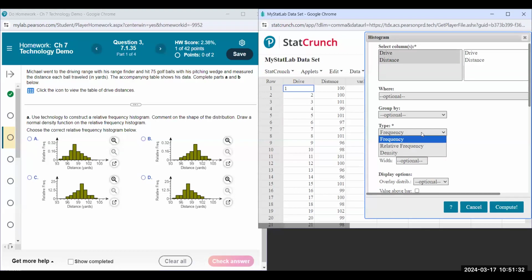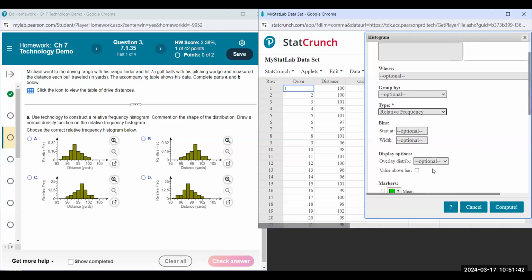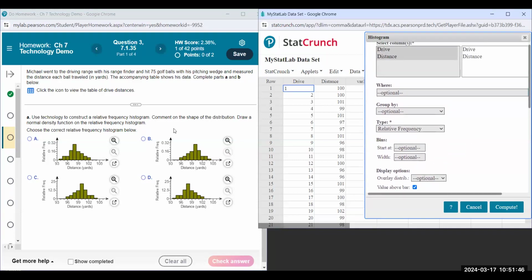But if we want to say what percent of all the 75 times that he hit the ball was it 100, then that's relative frequency. It's sometimes convenient to put value above bar as well, just to see. Sometimes it's hard to read here.